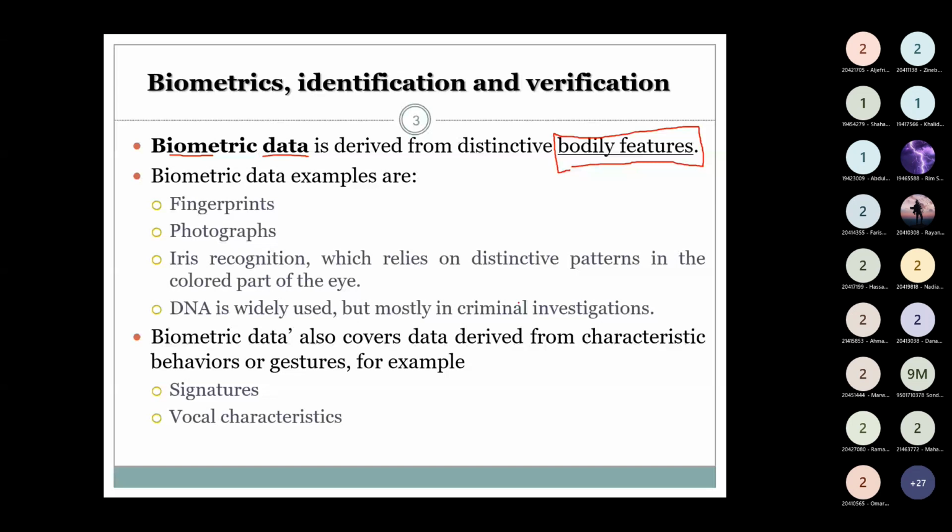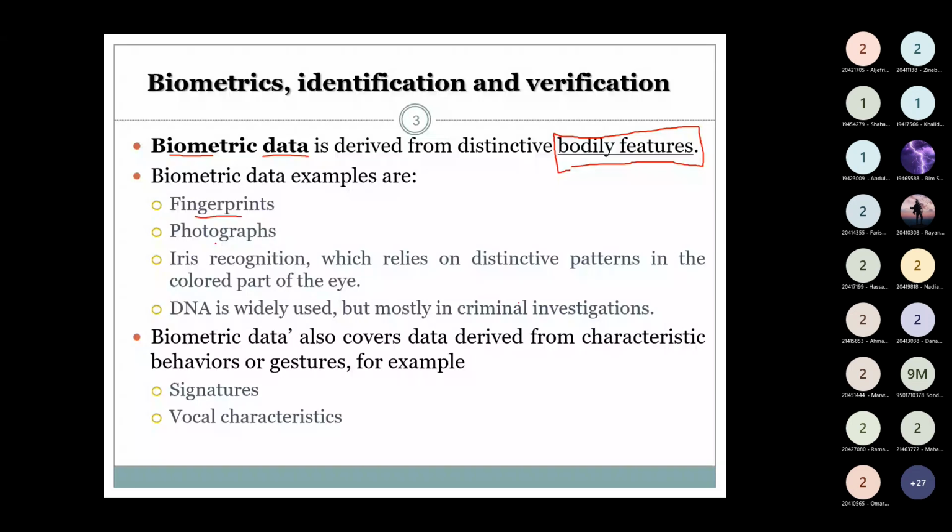These are examples of the features that we can use to identify or to verify if you are the right person or not. So we can use the fingerprints, the photographs, the iris recognition, and the DNA. The DNA is widely used, but mostly in criminal investigations.